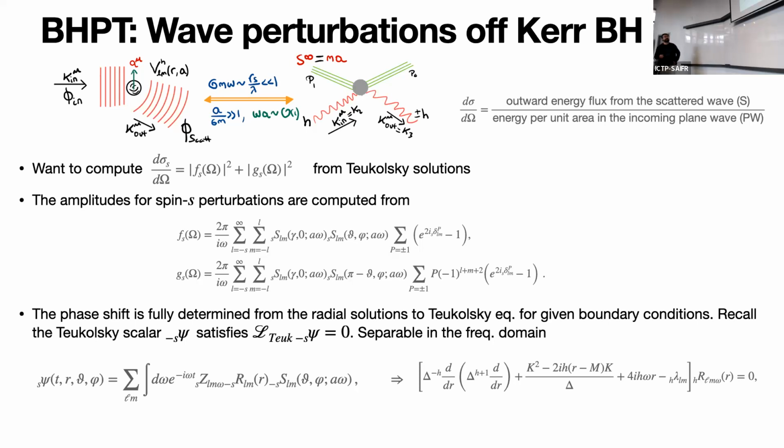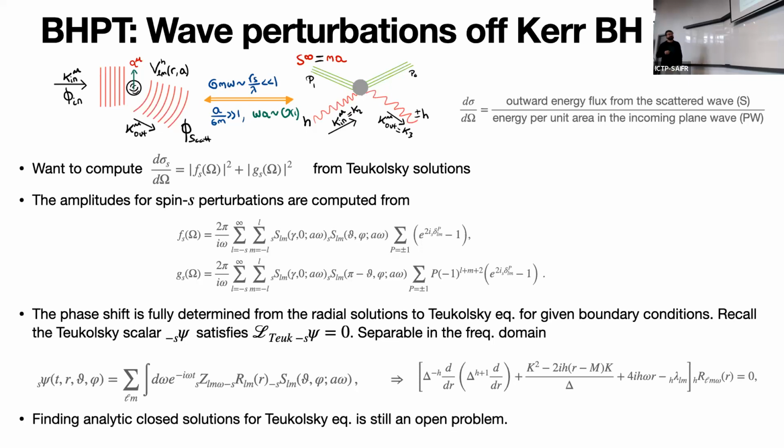Teukolsky just tells you what the phase shift is, the phase delta LMP. Is it the same for parity? Yeah, this comes just from solving the radial Teukolsky equation, and the rest is just an analysis of waves propagating in this class. So the delta is the same for F and G. Yes, the delta, but of course the full amplitude is different.